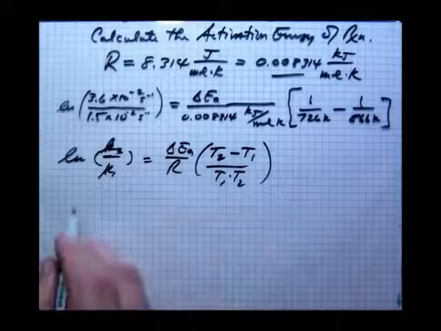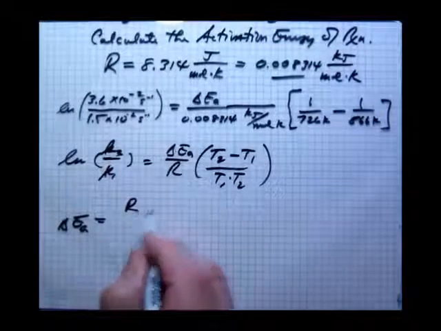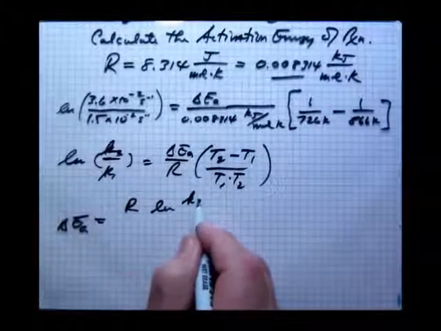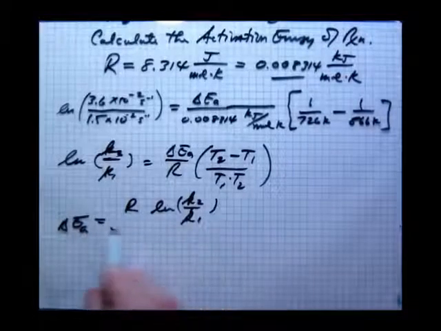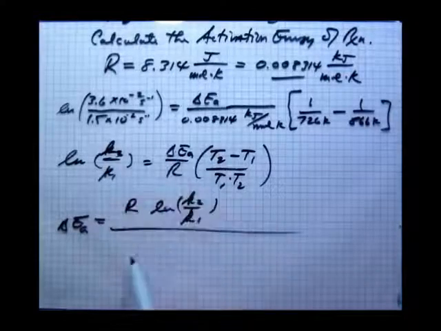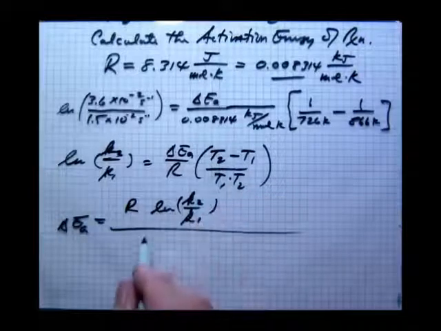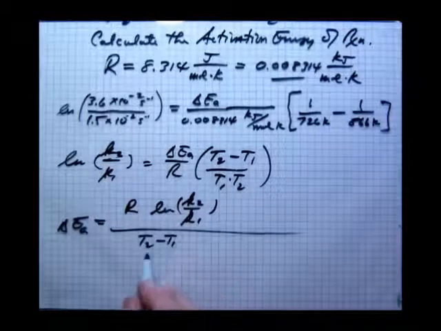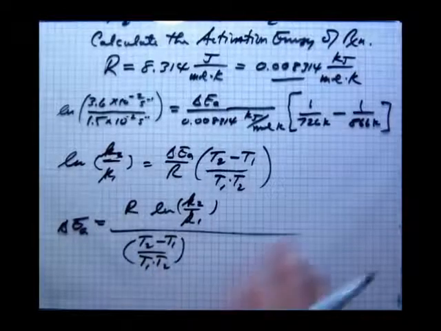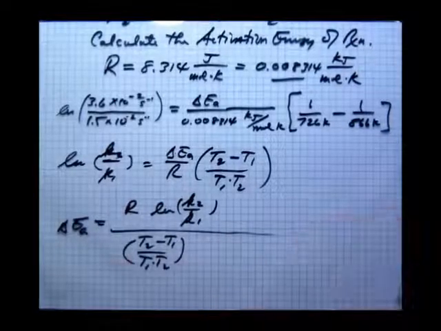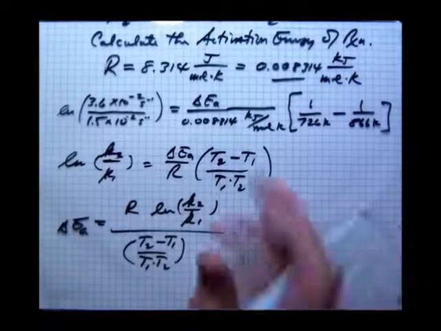Now I can solve this for delta EA very simply, which is R ln of k2 over k1, divided by this term, T2 minus T1 over T1 times T2.